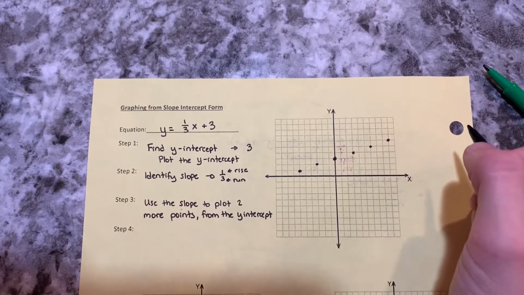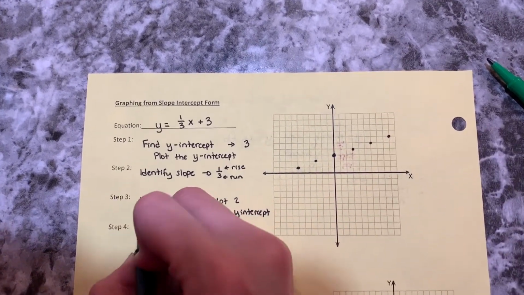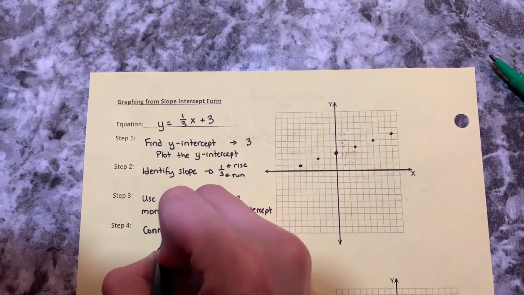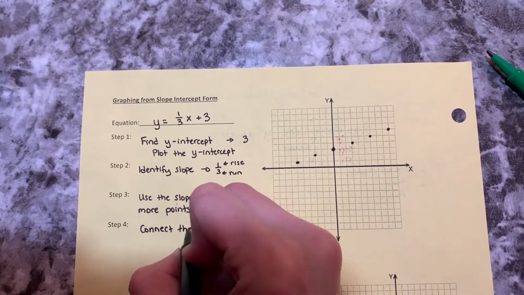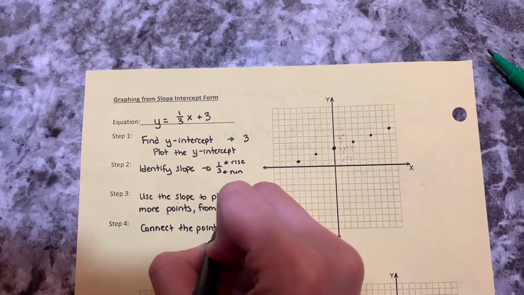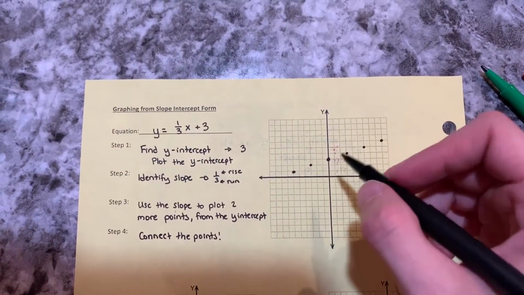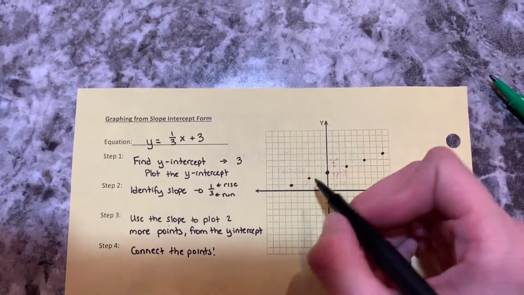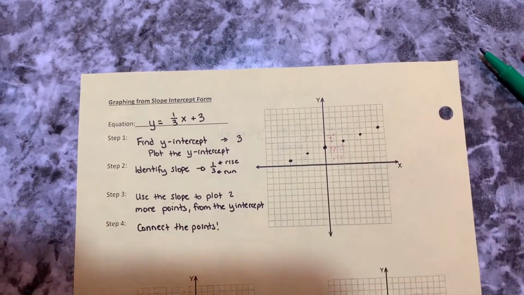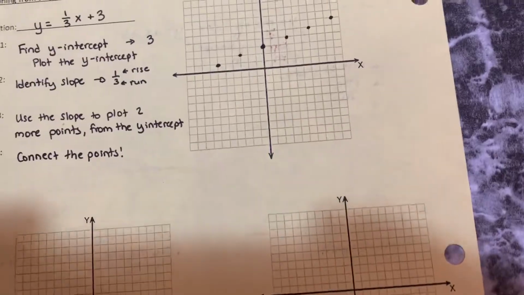Okay. But after that, that leads us to our 4th step, where we connect the points. Now when you do this, you're going to use a straight edge, which I'm going to set my phone down just for a second so that I can do that.